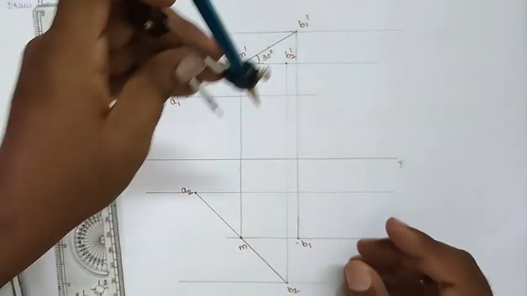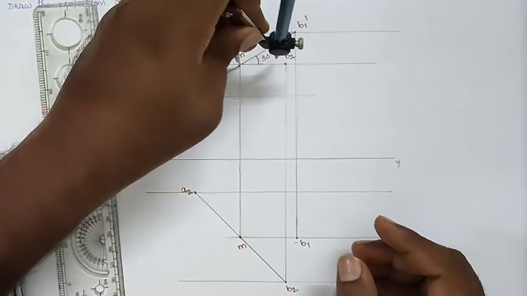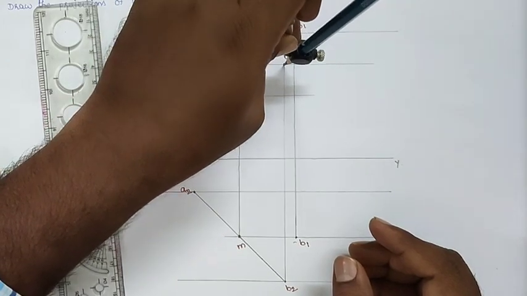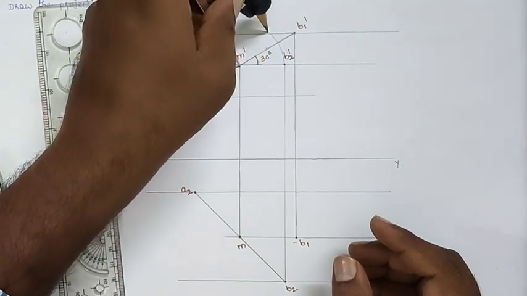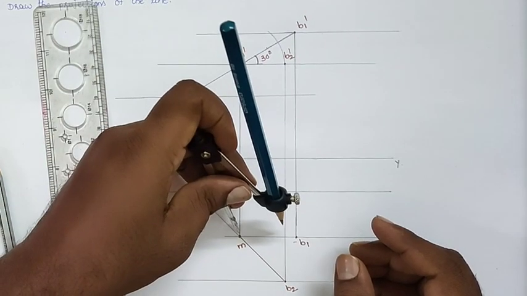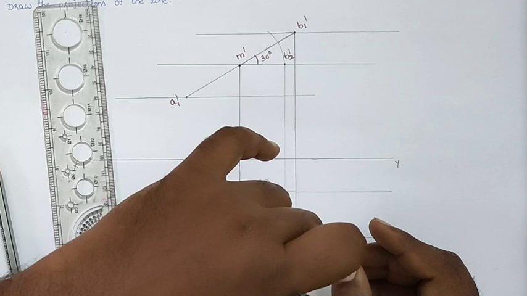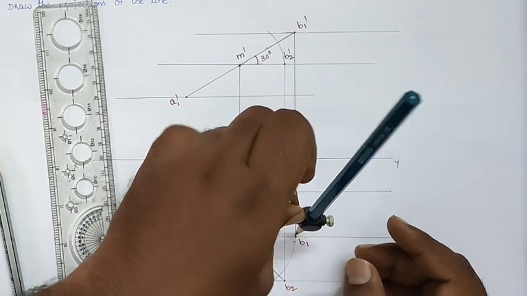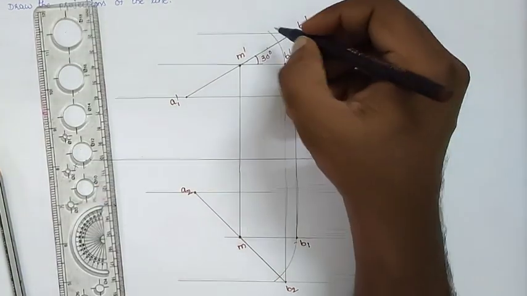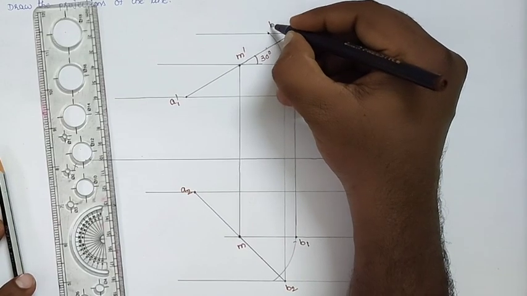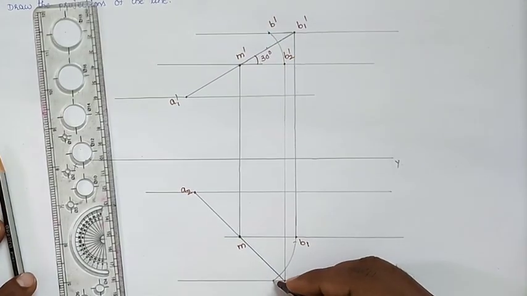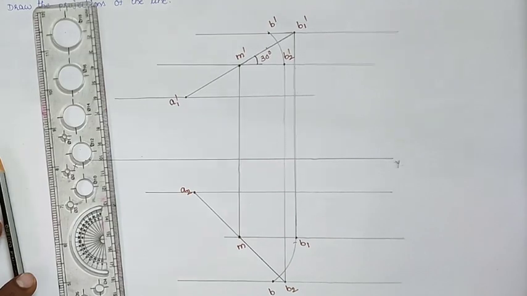Now taking M dash as the center and M dash B2 dash as the radius, draw the arc up to the B1 dash horizontal line, and similarly with M as center and MB1 as radius, draw the arc up to the B2 horizontal line. Here I am locating point B dash and here small b.